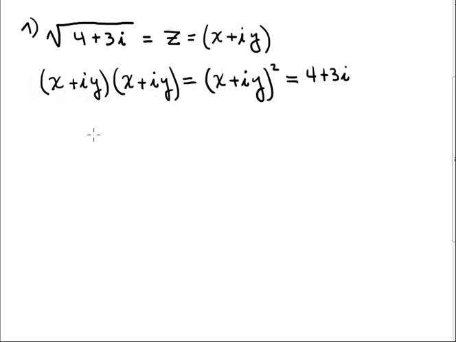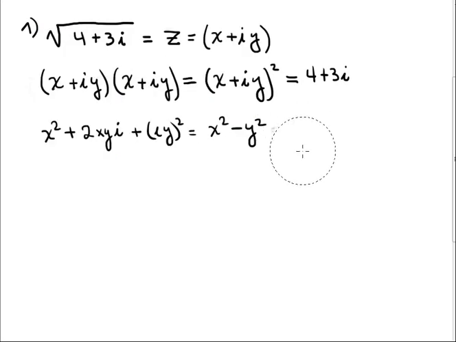Now expand using FOIL. FOIL is x squared plus twice xyi plus the square of the second, (iy) squared. i squared is -1, so the real part is x squared minus y squared, plus 2xyi is equal to 4 plus 3i.